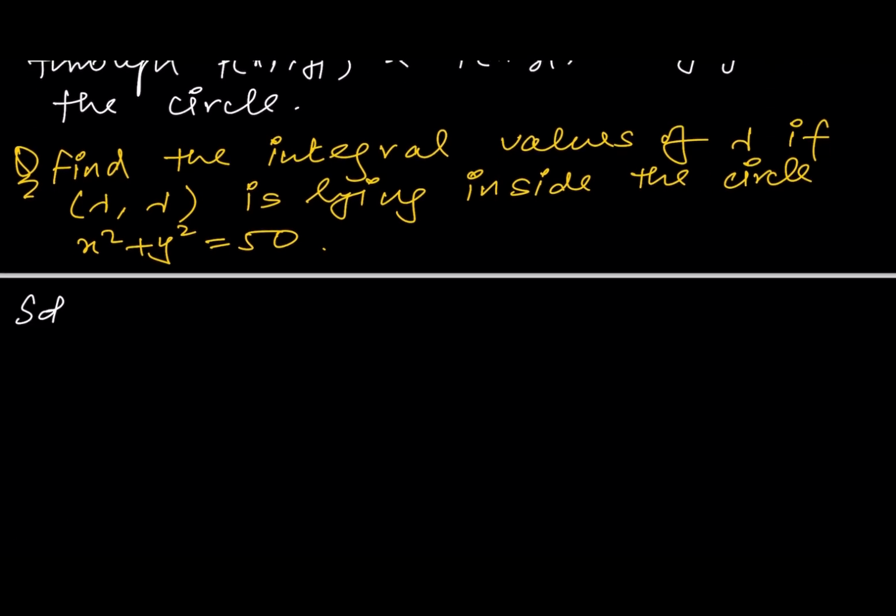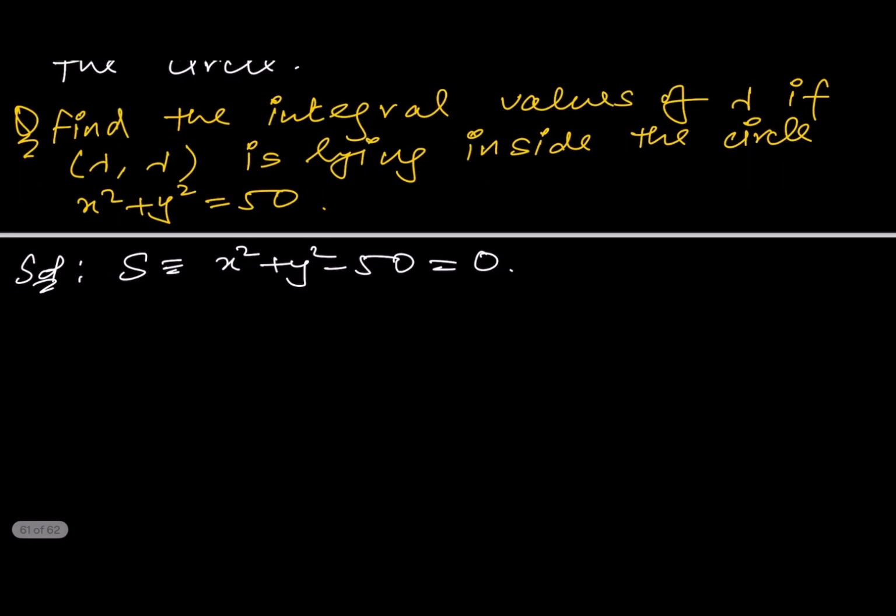So here S is x square + y square - 50 = 0, and the point is given as (lambda, lambda). Also, S1 is less than 0 because point P is lying inside the circle. If the point is lying inside the circle, then S1 will be less than 0 always.